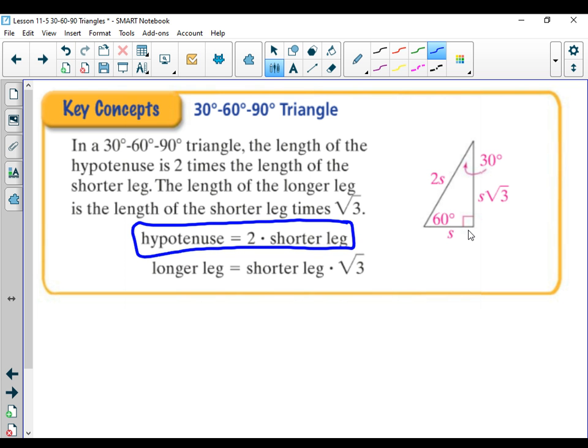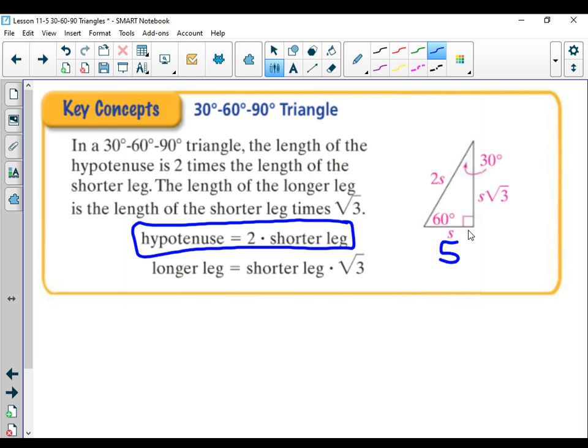The first special thing about it is that if you know the shorter leg, so there's always two legs, right? If you know the shorter leg and you times it by 2, you can find the hypotenuse so fast. Like, what if the shorter leg was 5?